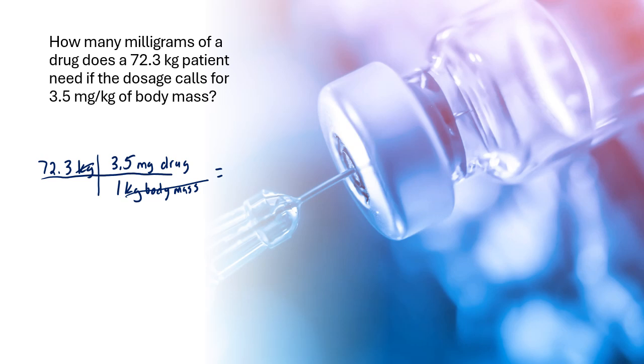And we can see that the math there calls for 72.3 times 3.5 and then divide the whole result by 1, or just leave it alone if you want to be a little simple about it. 72.3 times 3.5 tells us that this patient needs 253.05 milligrams of this particular drug. And if we round that off with significant figures, that would be 250 milligrams of the drug in question.